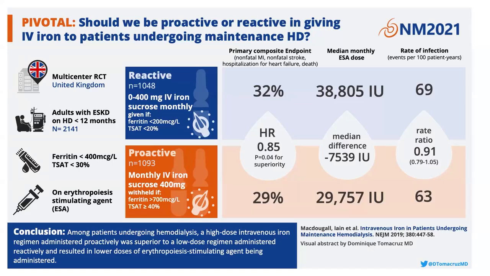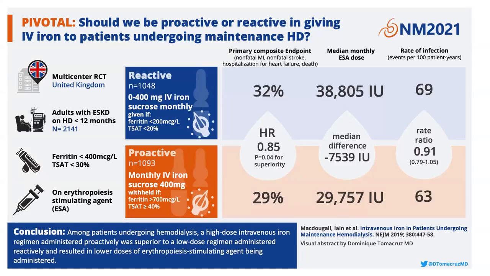So what they found was that in the proactive group, the requirement of ESAs was very, very low. And primary composite endpoints like non-fatal MI, non-fatal stroke, hospitalization for heart failure, and death were all lower in the proactive group. So the proactive group ended up receiving a lot more iron than the reactive group.